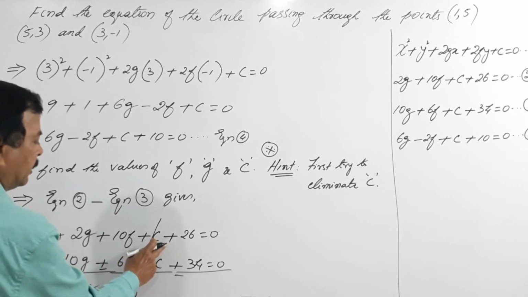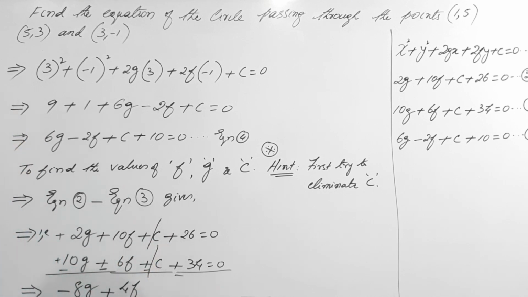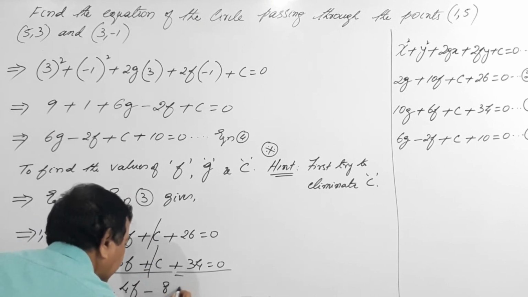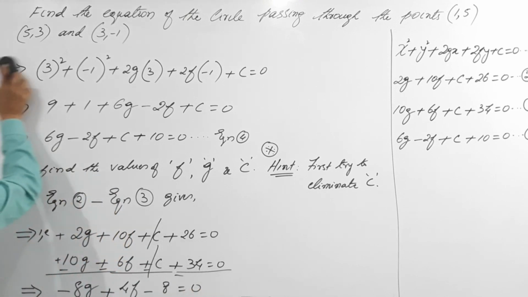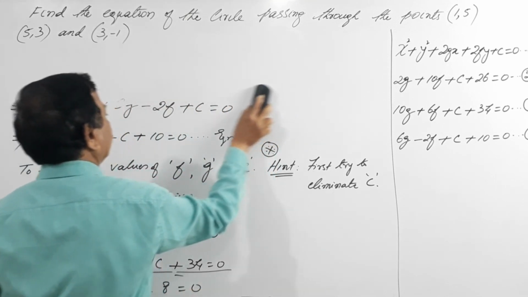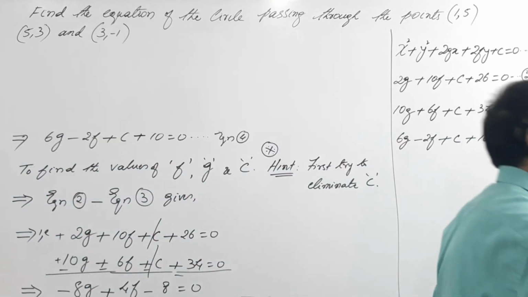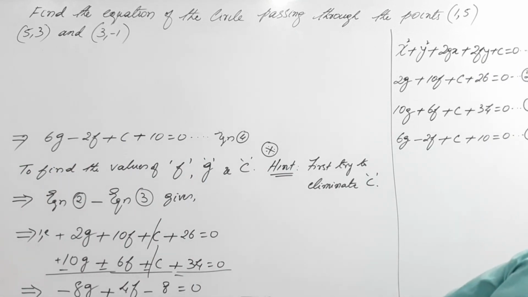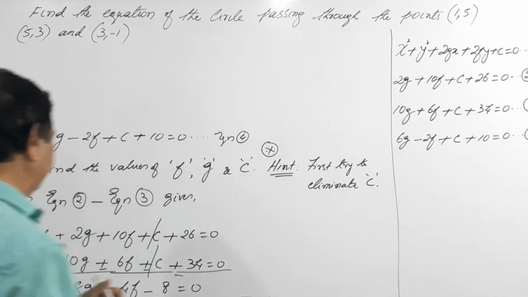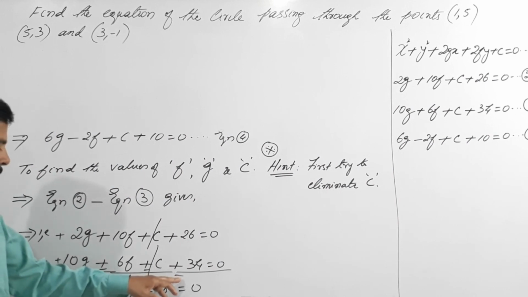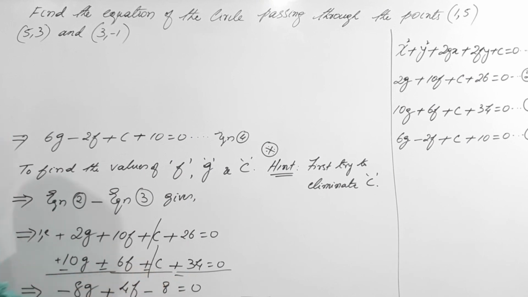Here plus 26 minus 34 becomes minus 8 equals to 0. I'll write this. Here we have minus 8G plus 4F minus 8 equals to 0.